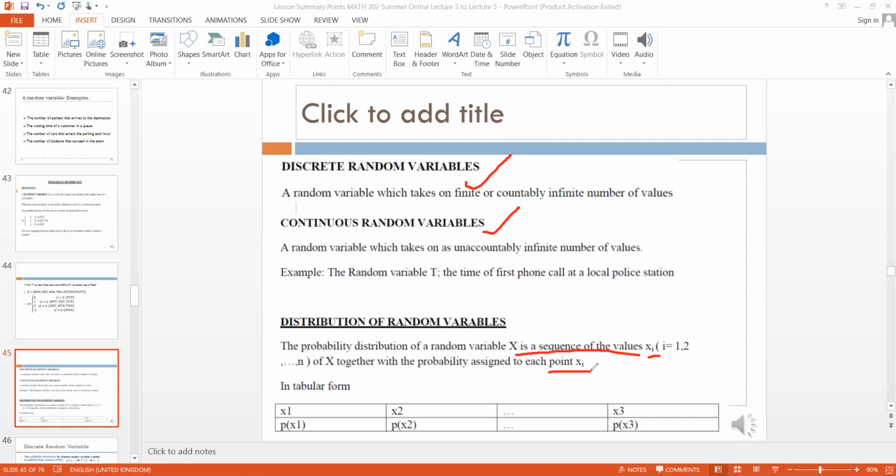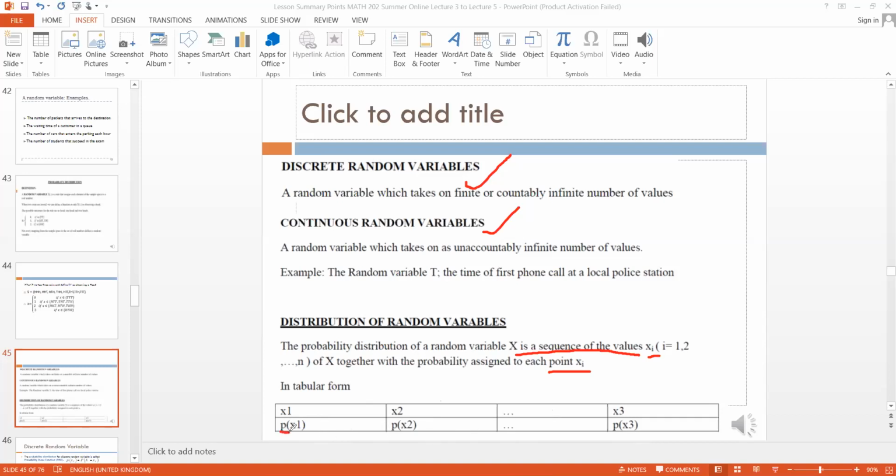So a list of the outcomes of the random process with their corresponding probabilities is referred to as what? The probability distribution of the process. So in a tabular form, we can write this: x1 with its probability, x2 with its probability, dot, dot, dot, to xn with what? Probability.